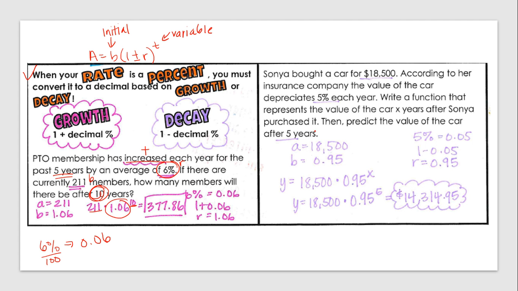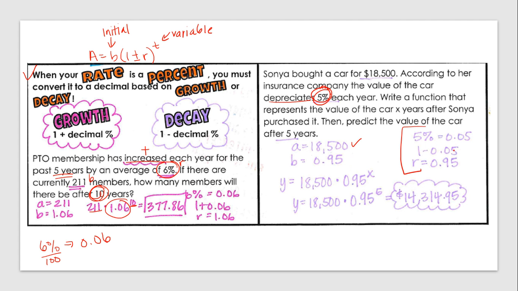We can apply the same idea to money. So we bought a car for $18,500. That's my initial value. The car is going to depreciate, or get less, by 5% every year. So over here, here's my little info about that. 5% equals 0.05.